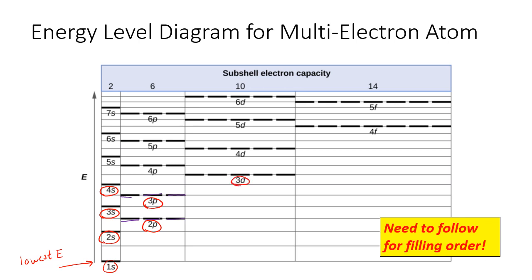So after the 4s is filled with its 2 electrons, we would then start filling the 3d subshell. The 3d subshell has 5 orbitals, so we represent that with 5 lines. Each one of them can hold 2 electrons, so any d subshell can hold 10 electrons. And then we would keep continuing with this pattern for filling, starting with the lowest energy and building up our atom 1 electron at a time.